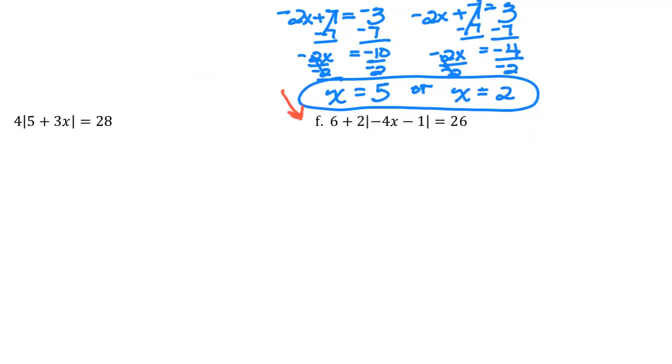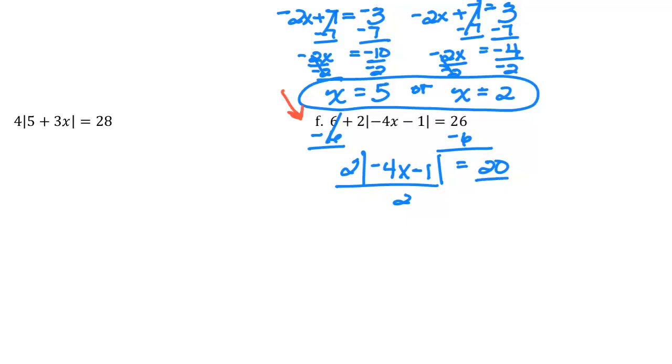All right, so first you subtract 6. You want to undo anything that's added. That 6 is just being added. And then we have 2 times that absolute value equals 20. Then you want to undo any multiplication or division. Divide by 2, I get absolute value of negative 4x minus 1 equals 10.